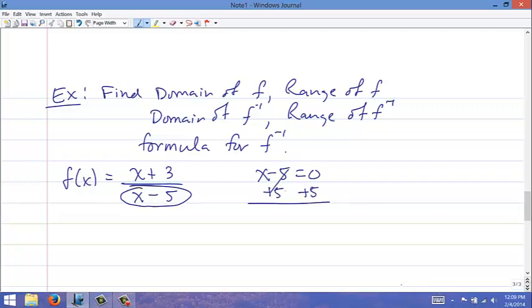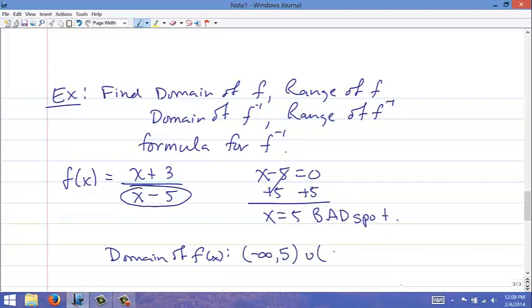So in this case, when we add 5 to both sides, we see that x equals 5 is our only bad spot. As far as our domain, anything but 5 is going to be okay. So our domain of f of x is going to go from negative infinity to 5, union 5 to infinity.